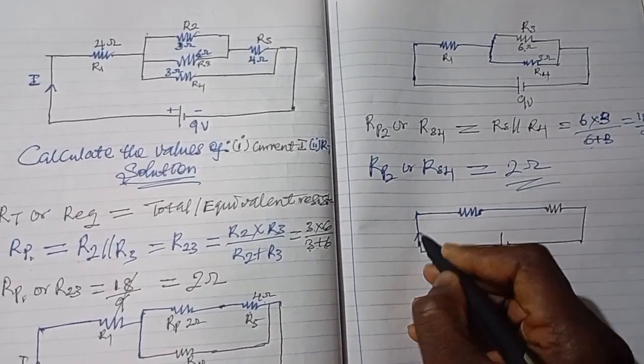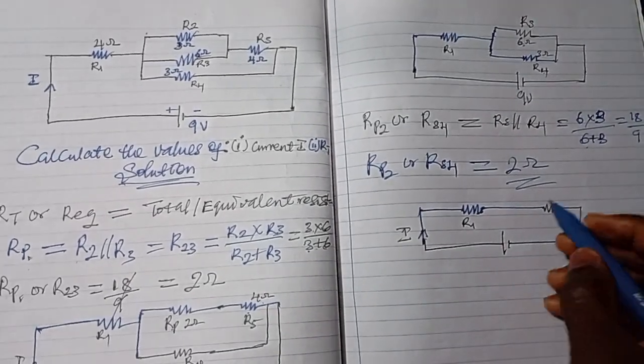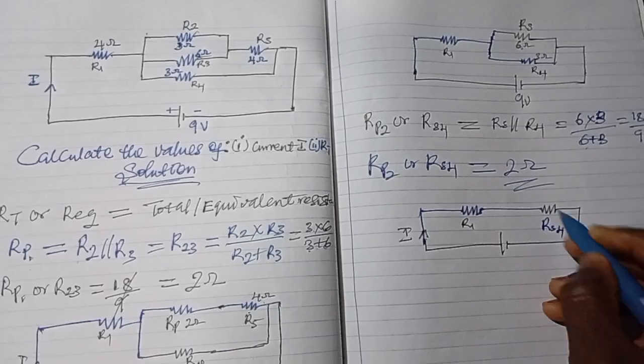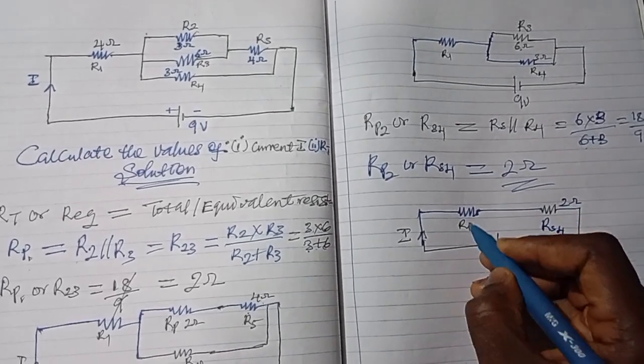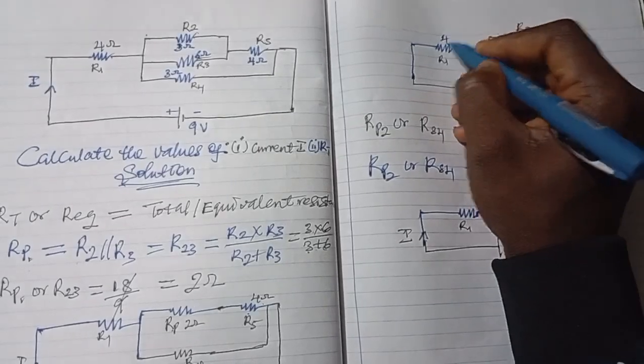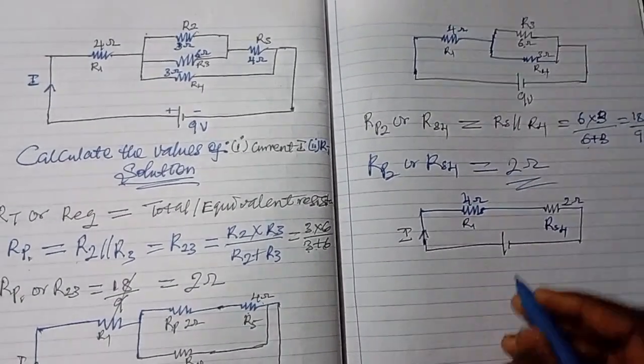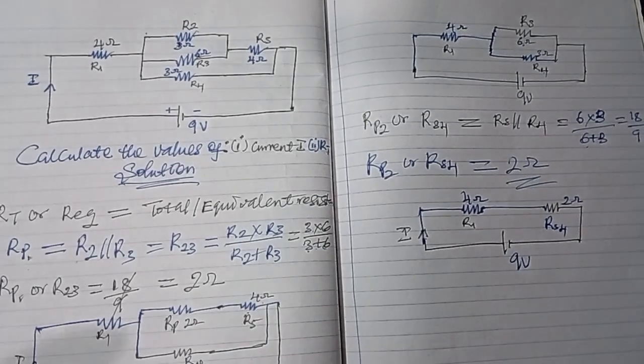So this is the final stage. Remember, this is our current. Here is R1 and this is our RS4. So RS4 here is 2 ohms. Here R1 is 4 ohms. So we still have 4 ohms here. Alright, and we have 9 volts.